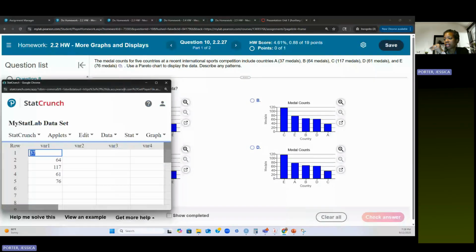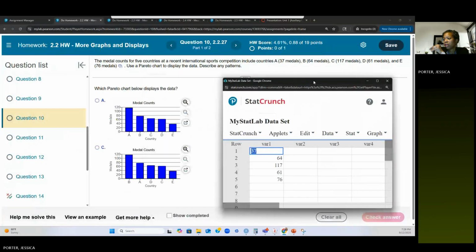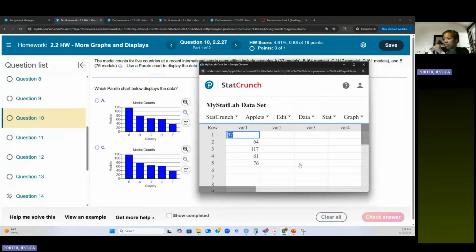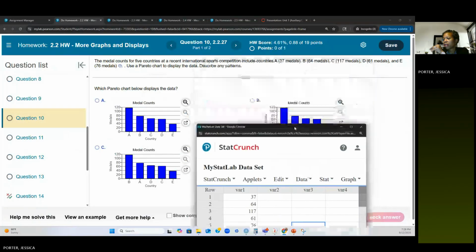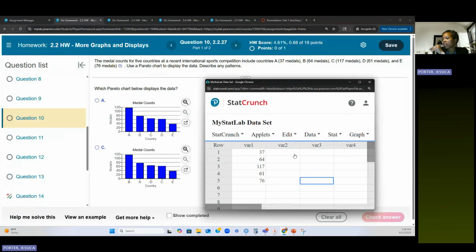Open the data, 76 metals. Okay, A is 37. I was looking for the letters. In this case, I have to put the letters on here. C was 117, D was 61, E is 76.